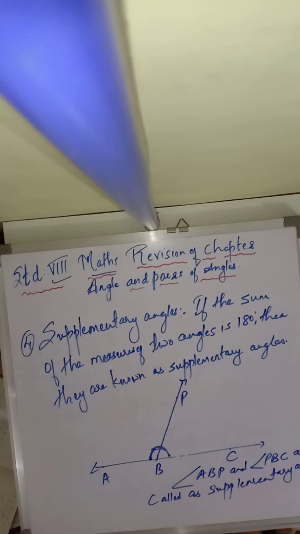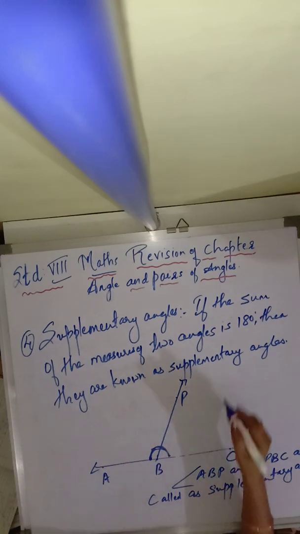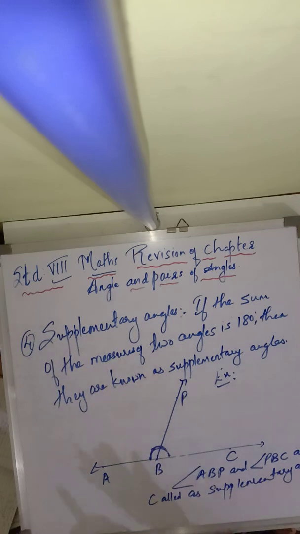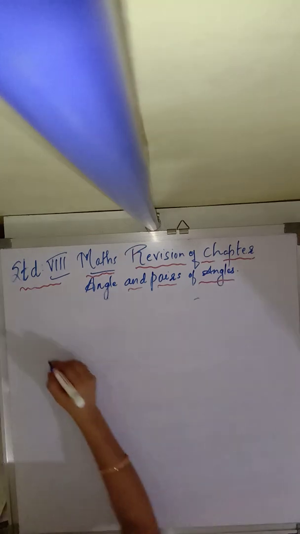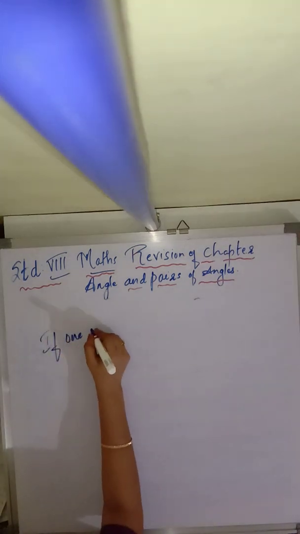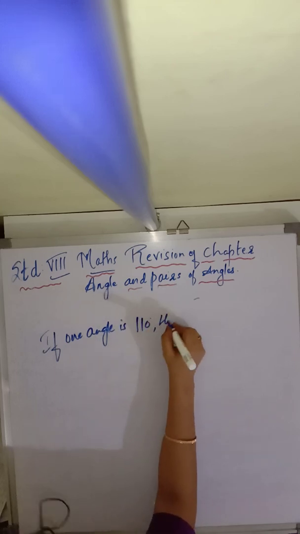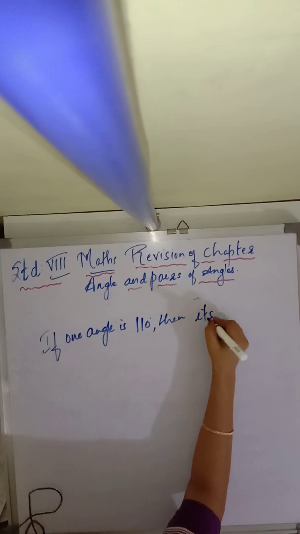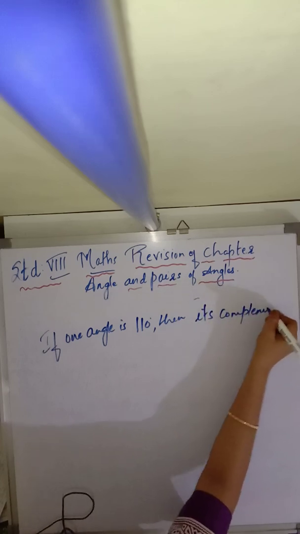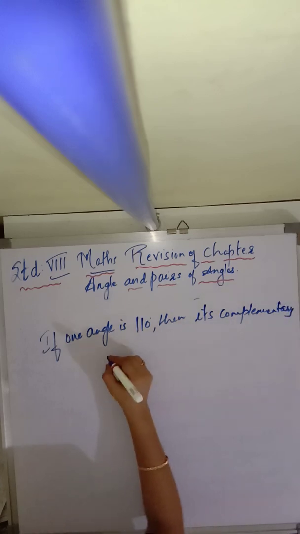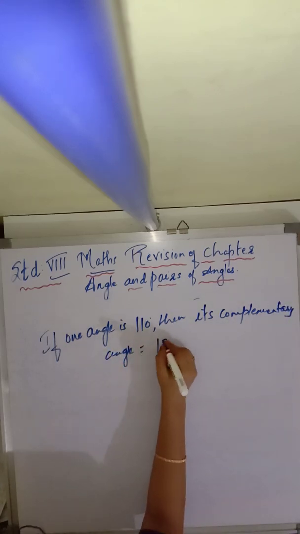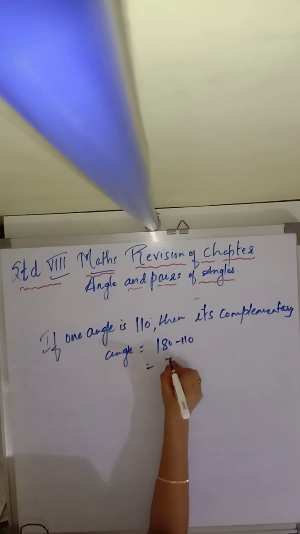Now suppose I give one example, which you can write here. If one angle is 110 degrees, then its supplementary angle will be 180 minus 110, and that is equal to 70.